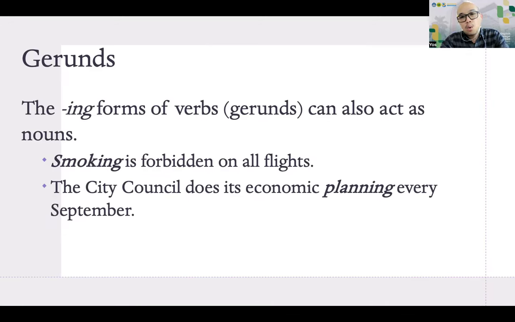Can you tell why and how planning is also a gerund that can act as a noun? You can discuss it with your friend, and we can discuss it furthermore in the class later.